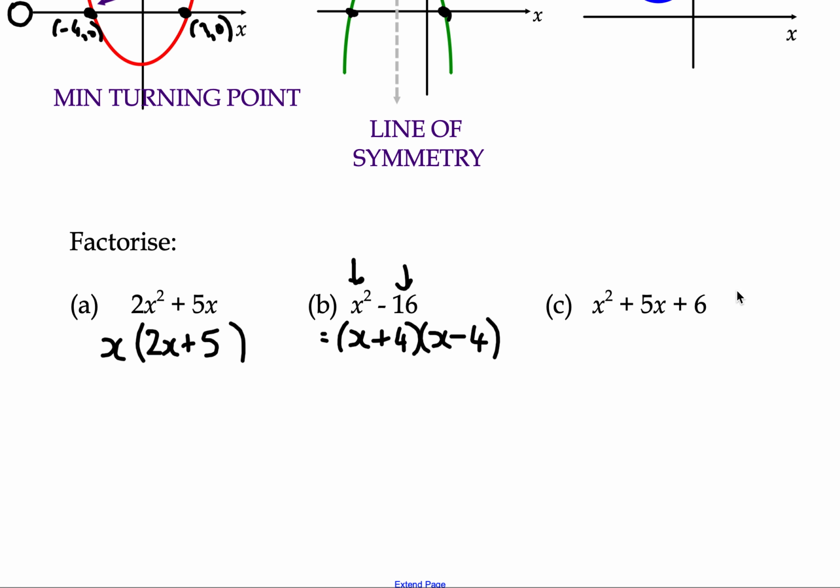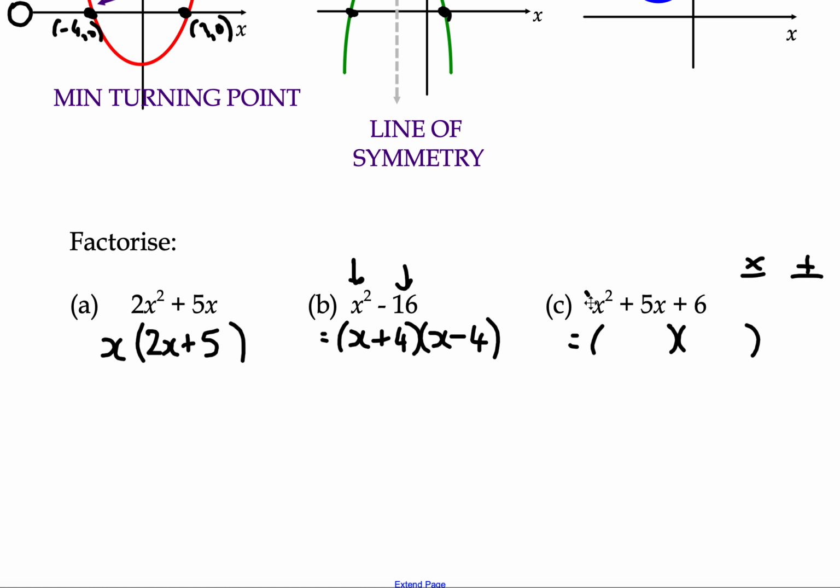And lastly, we've got this trinomial factorizing idea. There's various ways to factorize. We're going to end up with a pair of terms multiplying, and depending on your method, you might say we want a multiplication and a plus sign.